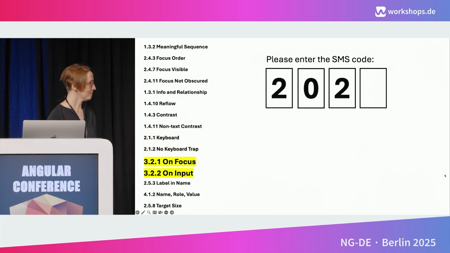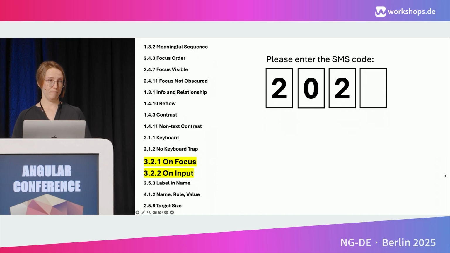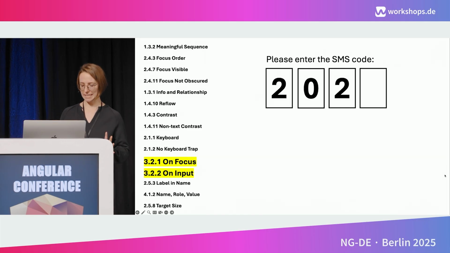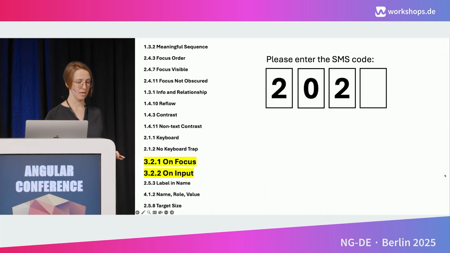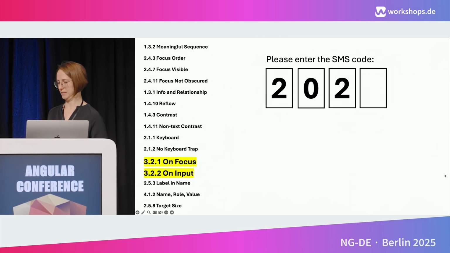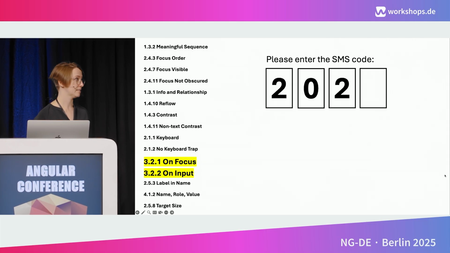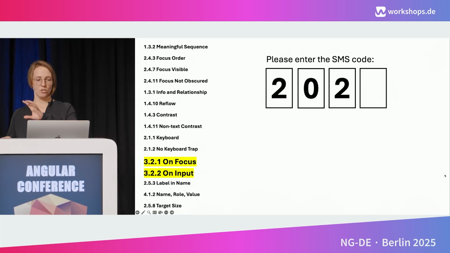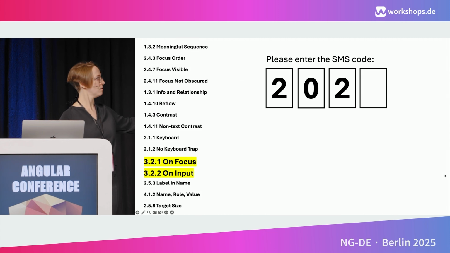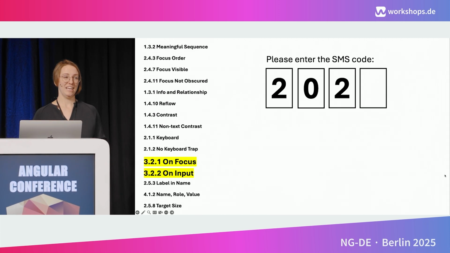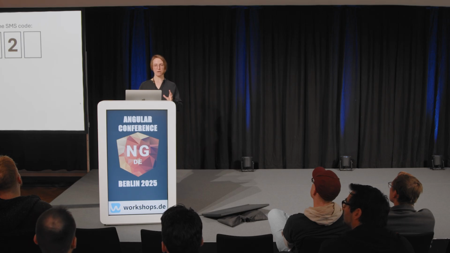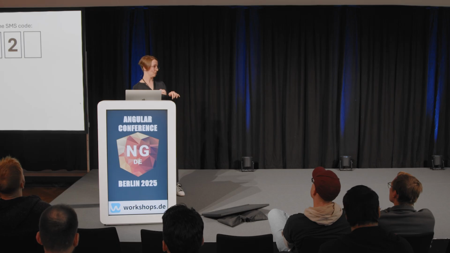Next one. On focus or on input. Also a lesser known criterion saying that whenever users just input something or focus some element, we should not change the context. What does it mean? Changing context is something like opening a new window, a new tab, shifting the focus to some other part of the website, which is not related to the current issue. That confuses our users, and one of the gray zones is two-factor authentication, if I get the SMS code and I have to input it.